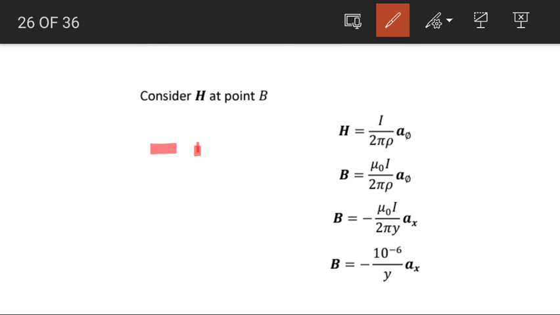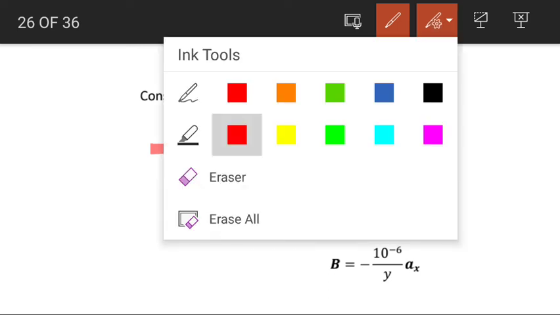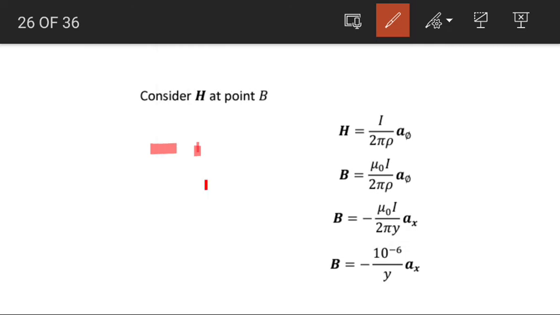Definitely the magnetic flux density will be equal to mu naught H. So B will be equal to mu naught into I by 2 pi rho a phi.